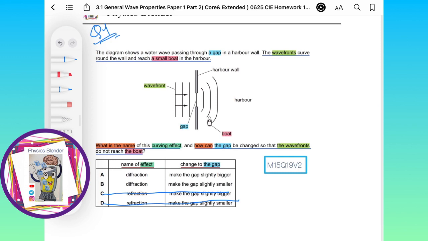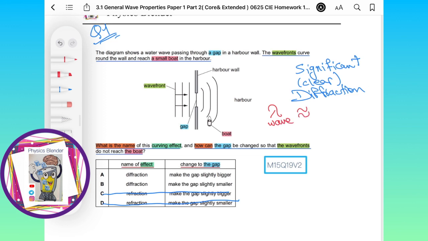How can the gap be changed so the wavefronts do not reach the boat? Okay, here significant or clear diffraction takes place when the wavelength of the wave is approximately equal to the width of the gap, the dimensions of the gap.